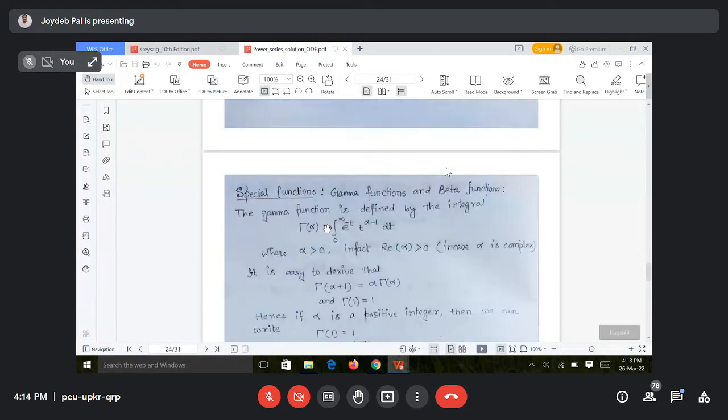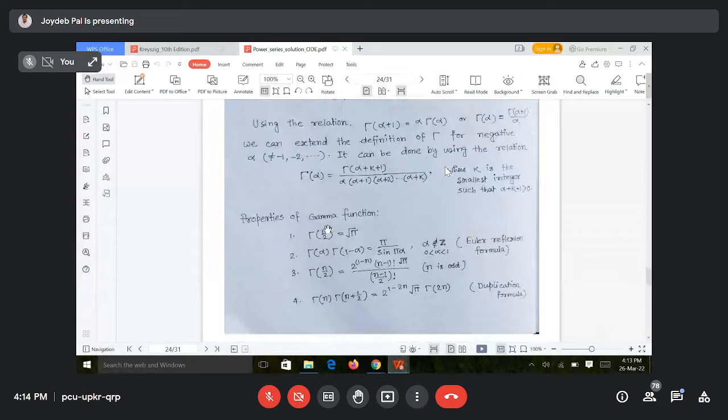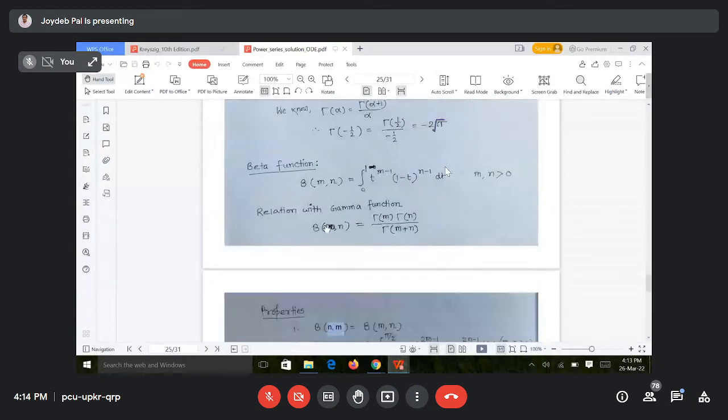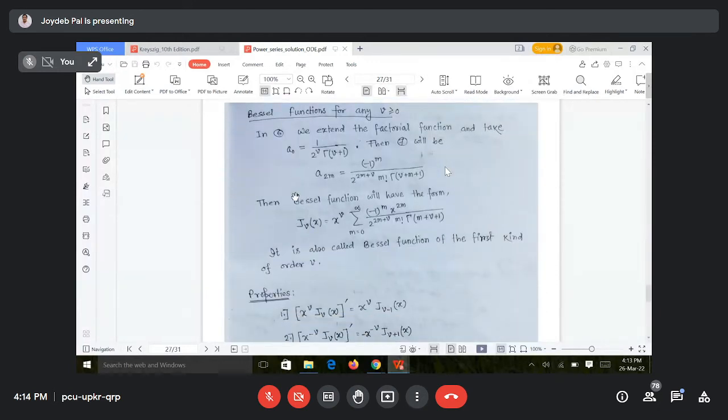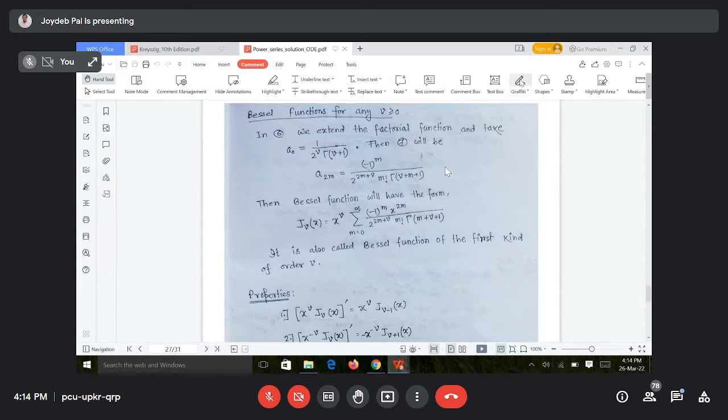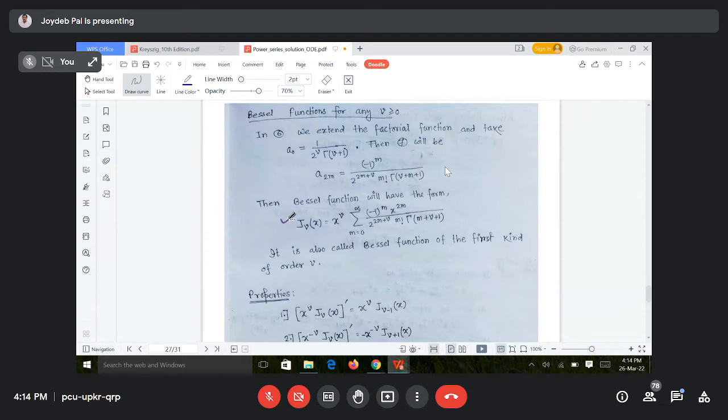And the general form is this J nu x. You see the difference is here: it is gamma of m plus nu plus 1. Other places are the same. In place of n, I have written nu.